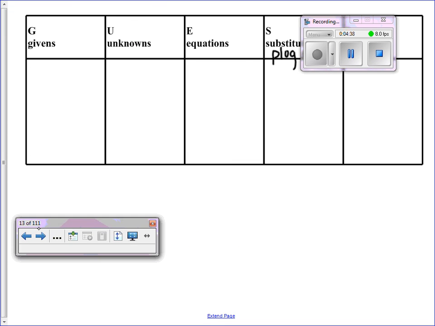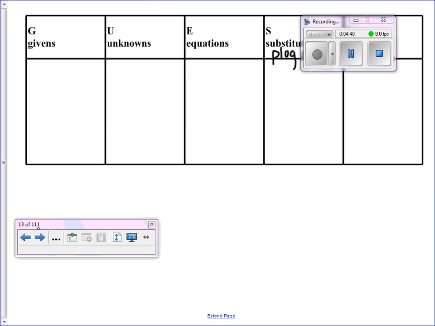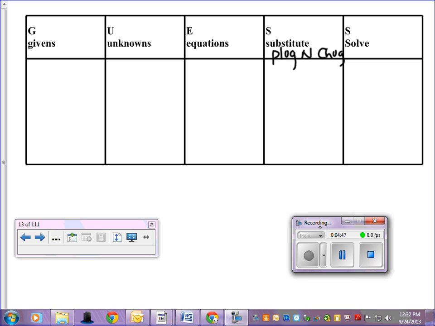Here, I want you to write this down, is the format of how we're going to be doing these problems. It's called the GUESS strategy. And each letter in GUESS stands for a certain thing. Here we have G. G stands for what's given to you in the problem. Just to let you know, this is the format you're going to use when you're encountering story problems in physics.